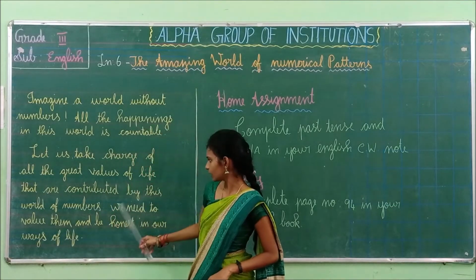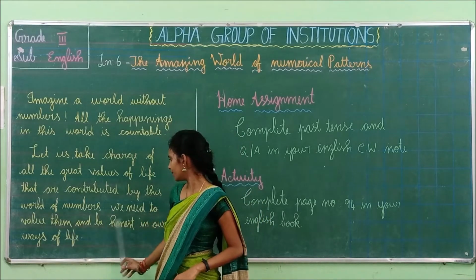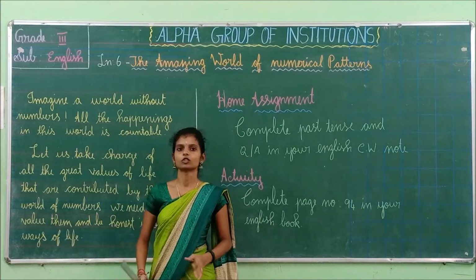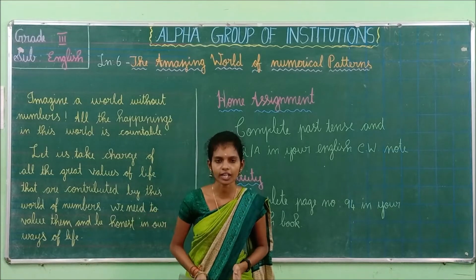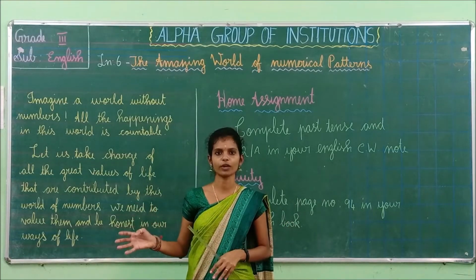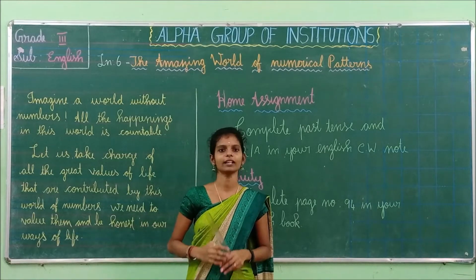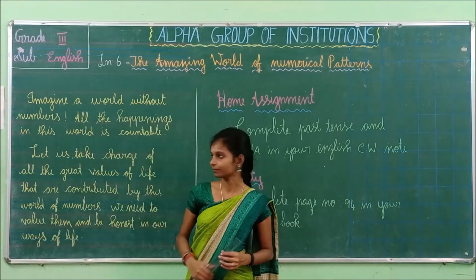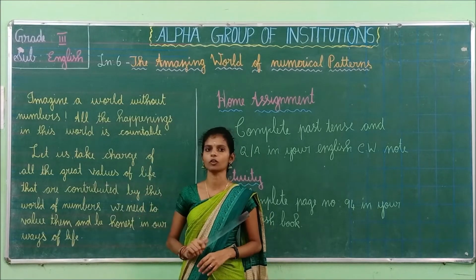So we have to be honest in our life. We have to follow the honest way. We have to be truthful in our life. Okay, so this is all about this lesson.